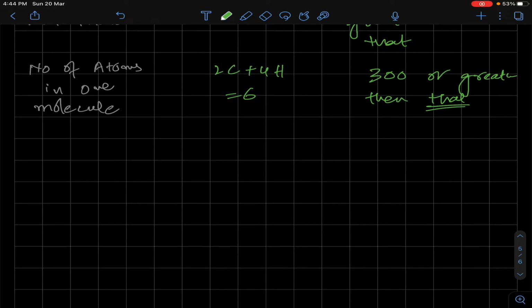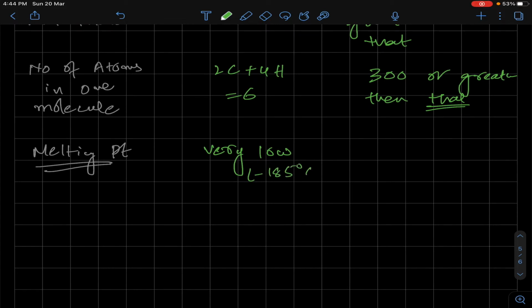And the next thing is very important, that is the melting point of both the monomer and the addition polymer. So if we compare the melting point, because the monomer is very small as compared to the polymer, the melting point would be very low for ethene. For ethene, it is around minus 185 degrees centigrade.